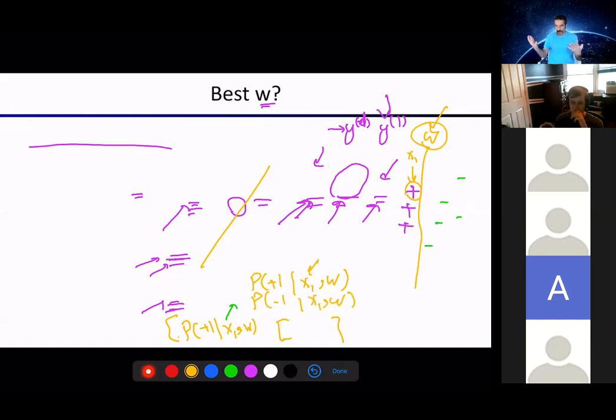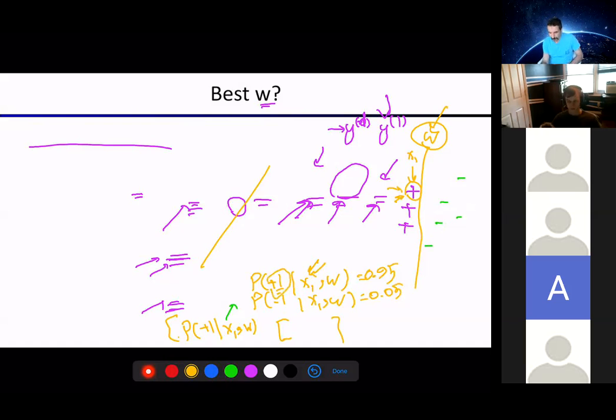Obviously we want the conditional probability for +1 to be maybe 0.95, and this one 0.05. This means it is much more probable that the correct label is +1. We want it to be more probable for one rather than the other, so it discriminates one class compared to the other.